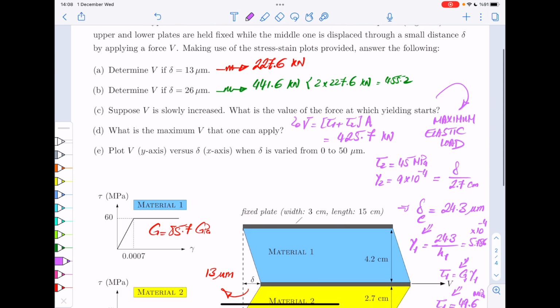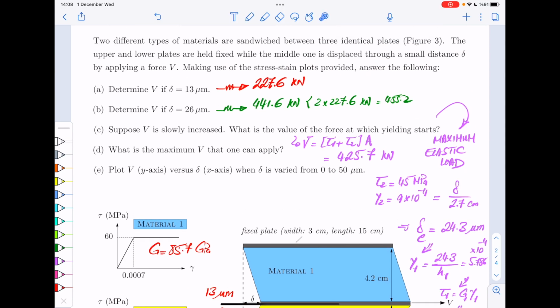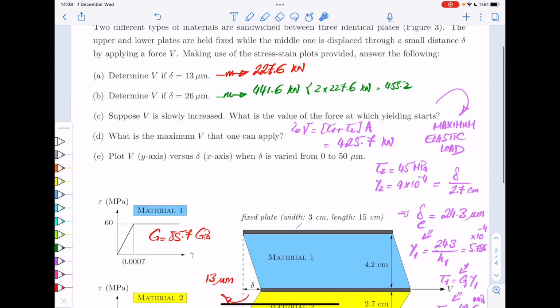Okay, so this is your maximum elastic load. And as you can see, this number is somewhere between these two. Okay, it's somewhere between 227.6 and 441.6.